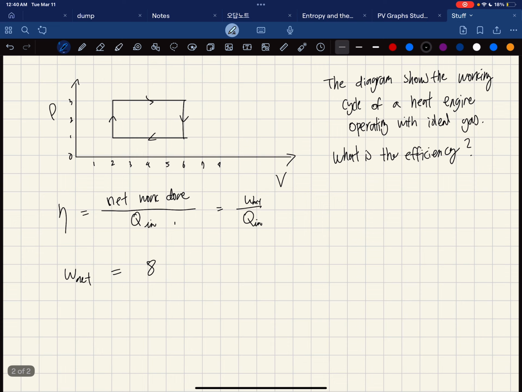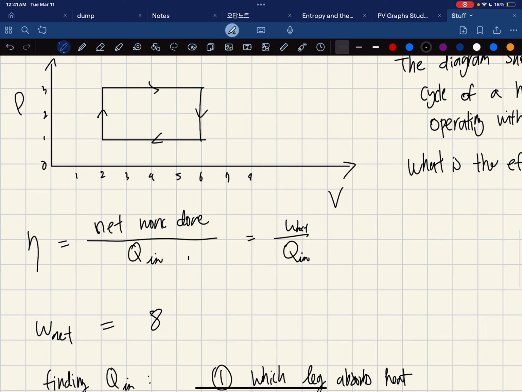Now, what's really tricky is finding heat transfer in, Q in. It's quite tricky, but I have a strategy for it. First, I'm going to find which leg absorbs heat.